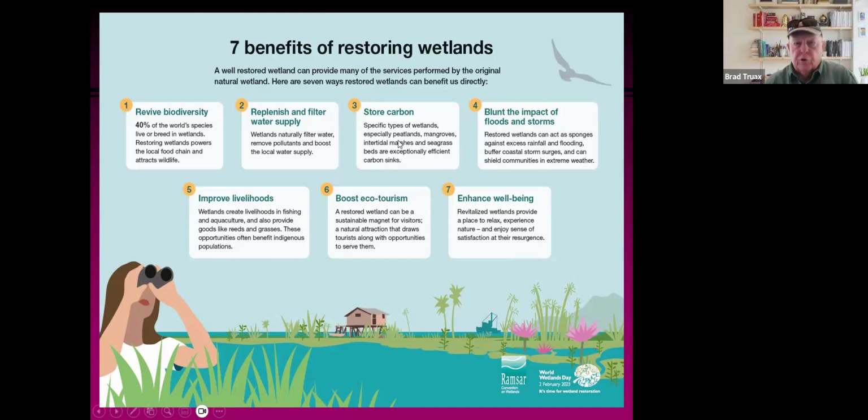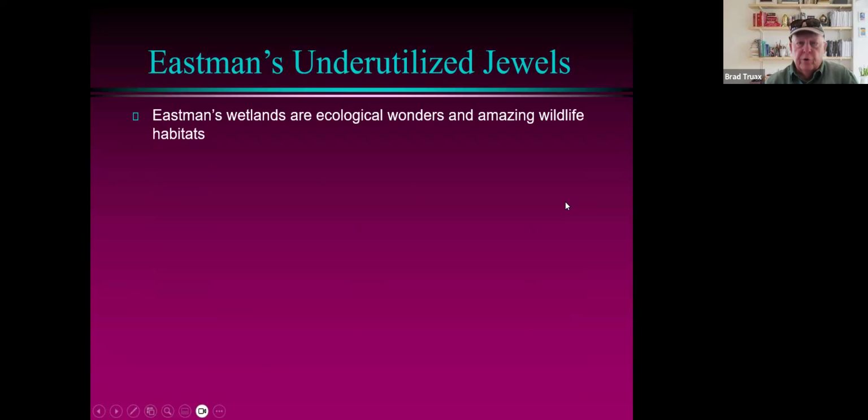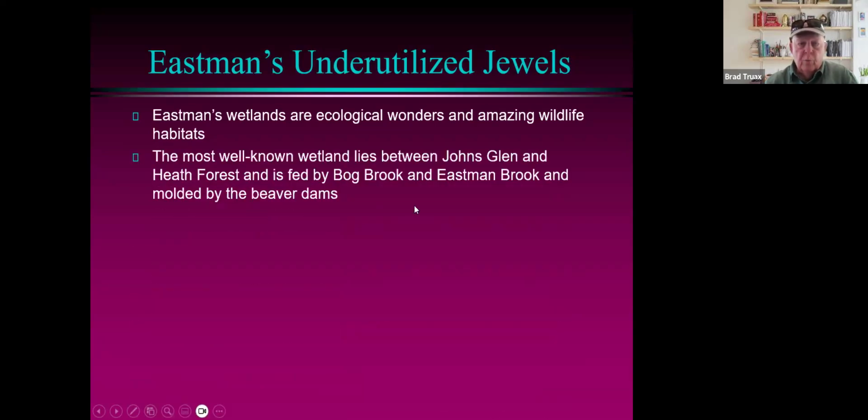The wetlands also store carbon. Wetlands will also blunt the impact of a flood or a storm. And they have other things that they do for people who live around wetlands. So Eastman's wetlands are really underutilized jewels. We have two wetlands.